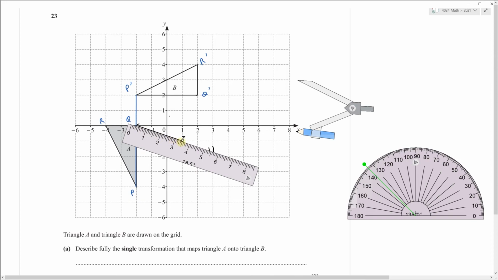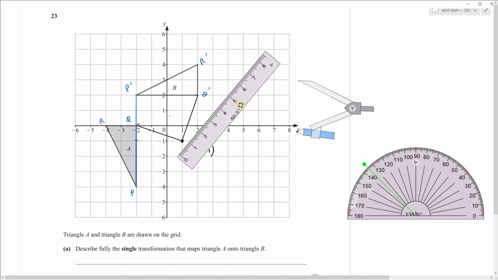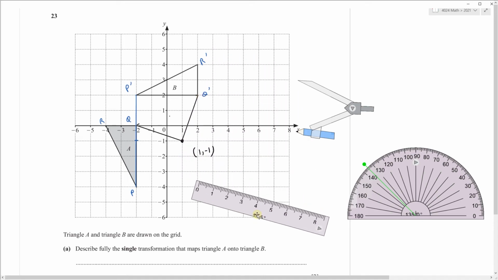Straight line to center of rotation, and then do the same for the image as well. So this is the object Q, and then for the image I'll draw the same line again. So this is the line connecting the object, and this is the line connecting the image.